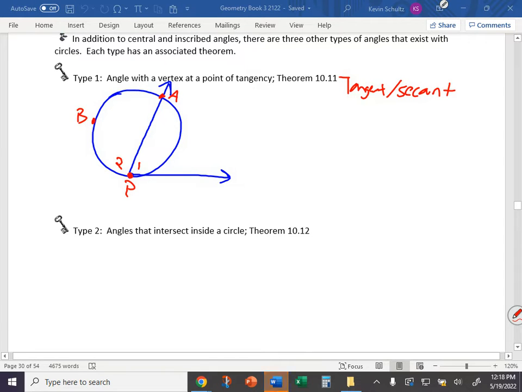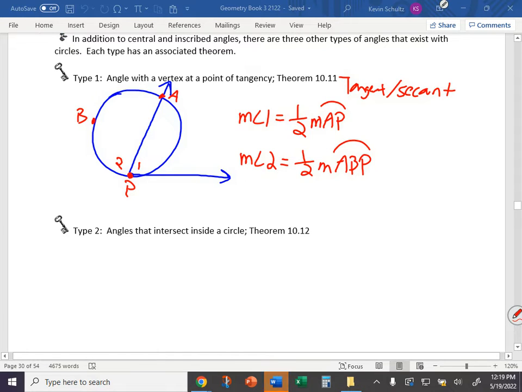And what happens here is angle 1 is equal to half the measure of arc AP. And the measure of angle 2 is going to be half the measure of arc ABP.